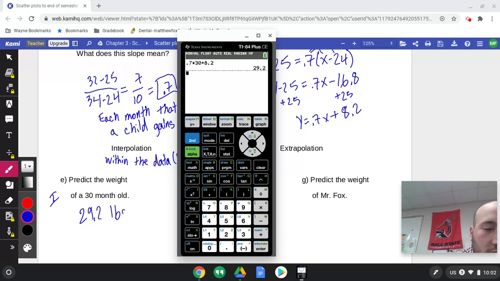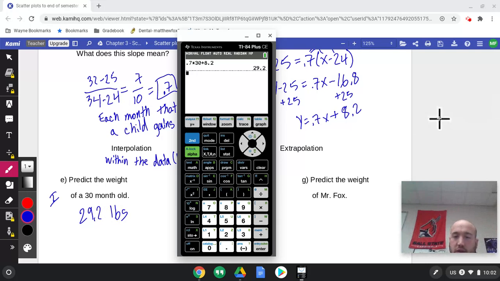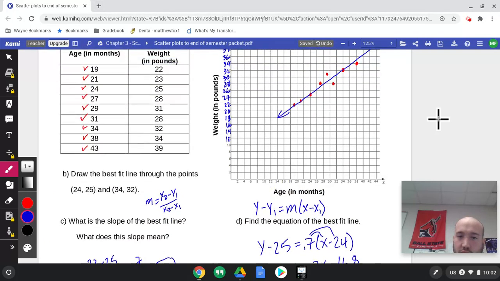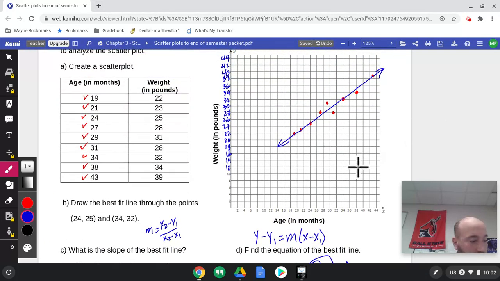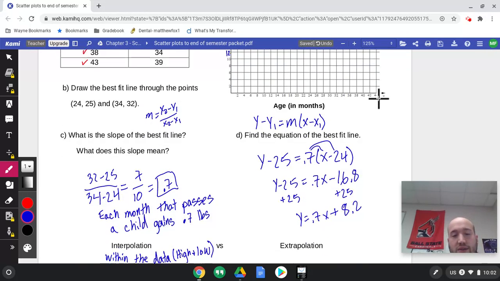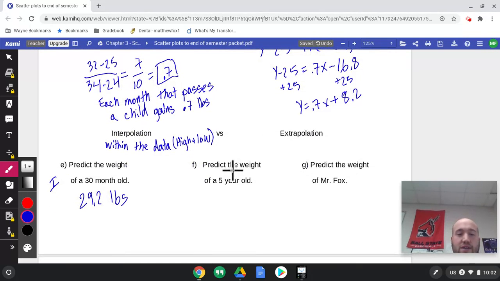Now, if we look at our picture here, 29.2 for a 30-month-old, so over 30 up to 29.2, that'd be right around there. That's right in the midst of our data, okay? So it's pretty realistic.